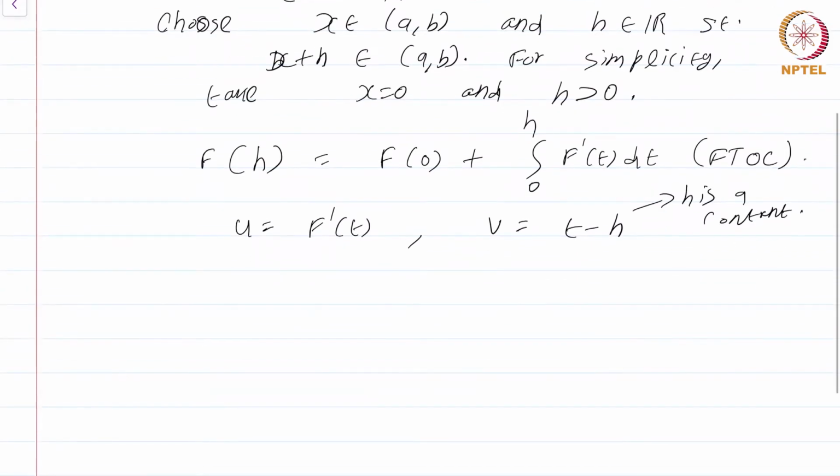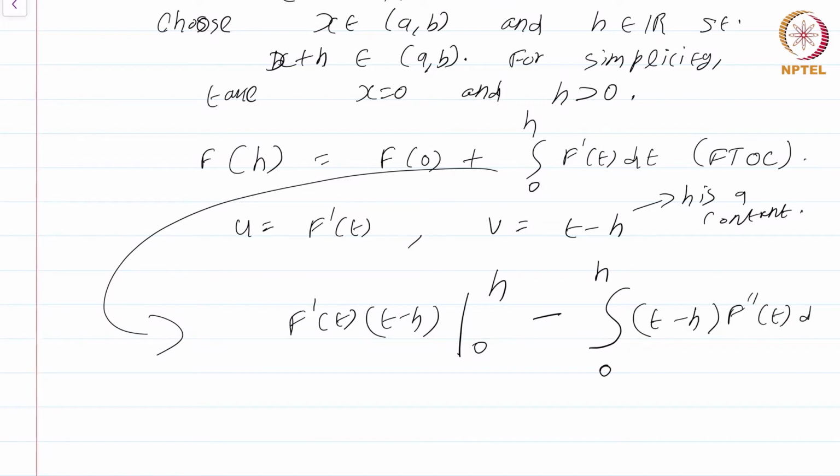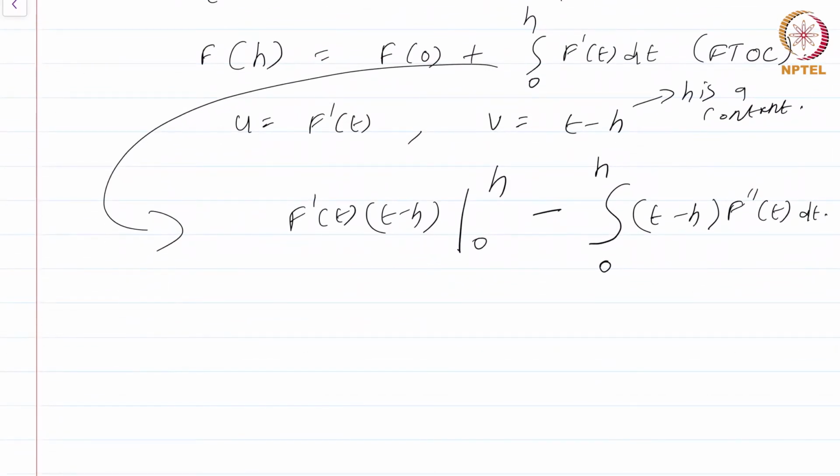Now integration by parts gives that this is nothing but uv, which is f prime of t times (t minus h) with the limits 0 to h, minus the integral of v du, from 0 to h of (t minus h) times f double prime of t dt. Okay, this is just your standard integration by parts, even applied with the standard notation that you are familiar with from high school.